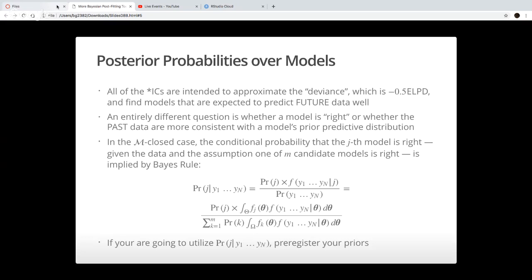But there is a strong and long-standing tradition in the Bayesian approach, going back before you could really estimate very many models with Bayesian techniques, that seeks to use Bayes' rule to find the probability that one model is true, conditional on one model in the set being true, and to get these posterior probabilities on what model is true.